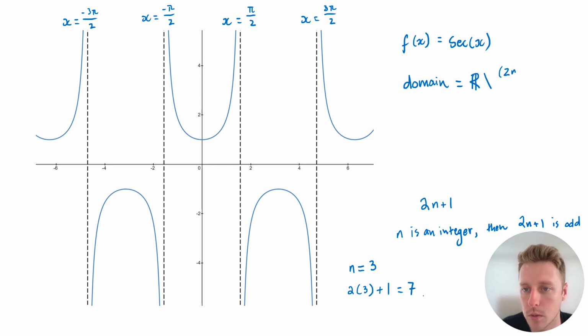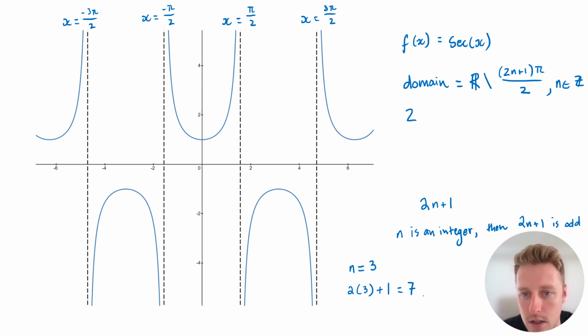So (2n plus 1) pi on 2, where n is an element of Z. Now Z is any integer. Z is the set of all integers, including positive and negative numbers. So that's the set.